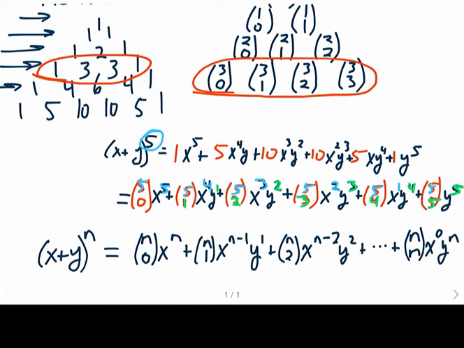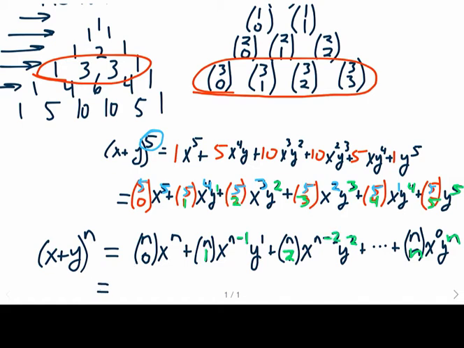And what you may notice is that the number in the bottom of the combination is the exponent on y, just as we saw before. It's also showing up in the exponent on x. When it's n choose 1, the exponent on x is n minus 1. When it's n choose 2, the exponent on x is n minus 2.